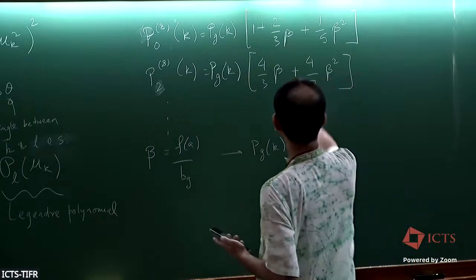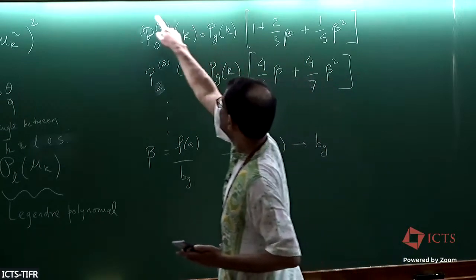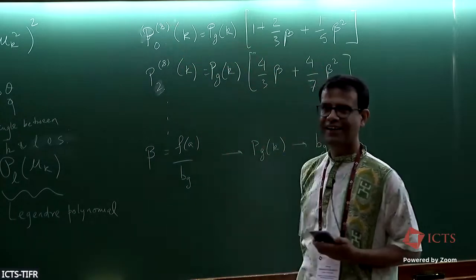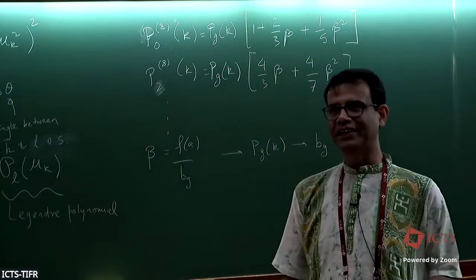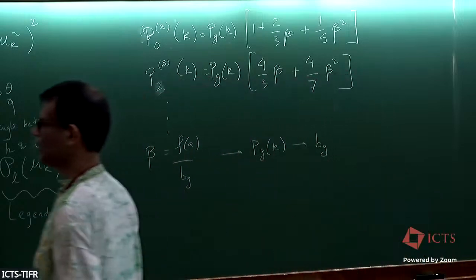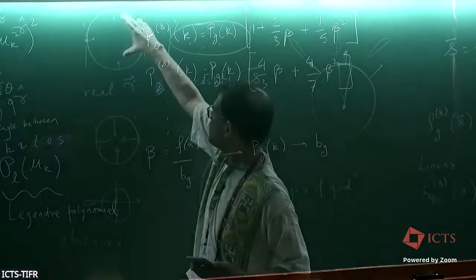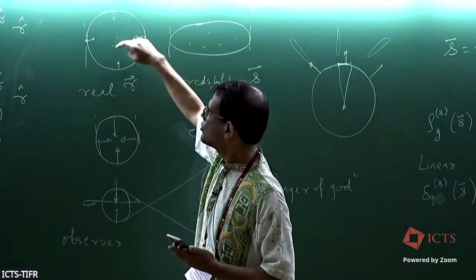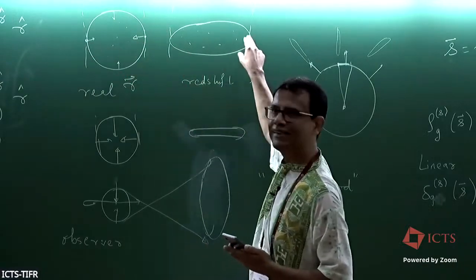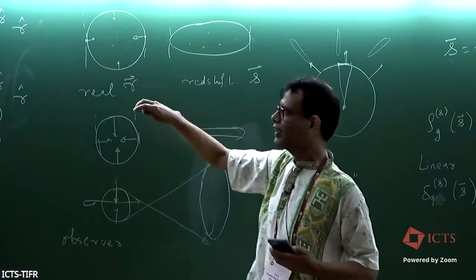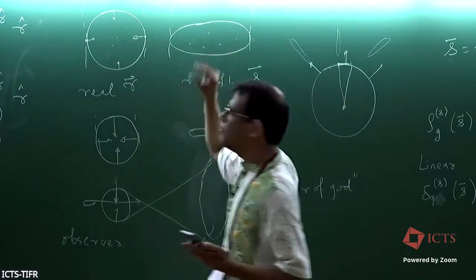But now that you have beta, firstly you see the spherically averaged power spectrum is larger than the underlying power spectrum. This has happened because you have increased the density in overdense regions. Transverse direction was the same, but you have shrunk the volume along the line of sight direction, and whatever was inside remains inside.